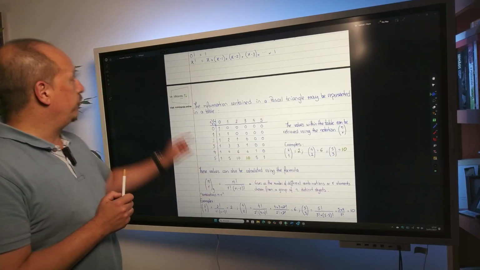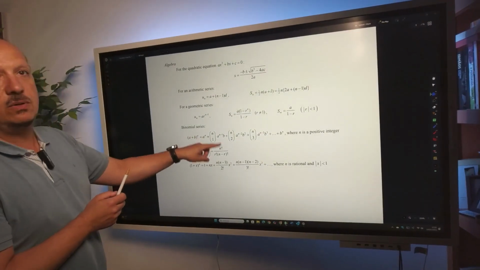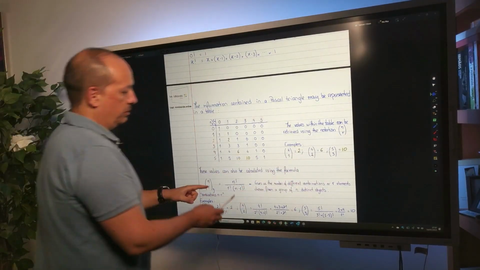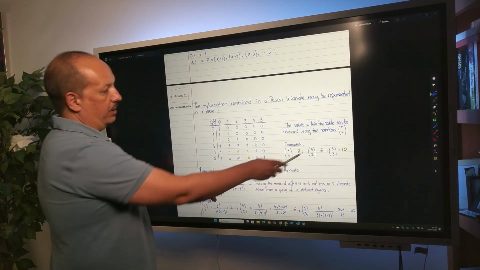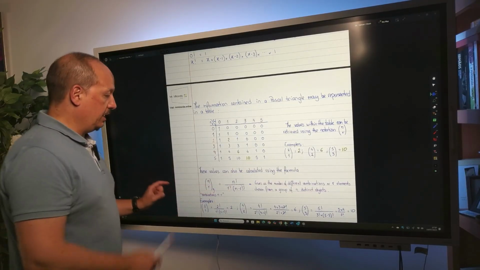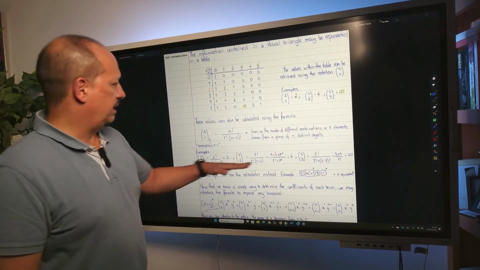What you may be asked to calculate is the value corresponding to this combination over here. But for that, you have the formula, this one, which is also part of the MF 19, okay? So let's say that you want to calculate this value. Just substitute n by 5 and r by 3, okay? And you'll get the result. You have here the examples.